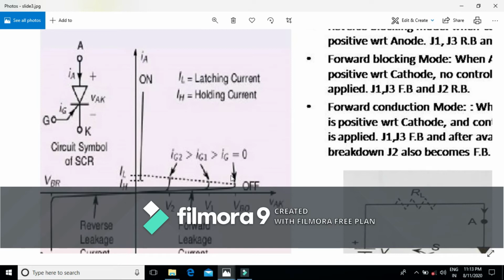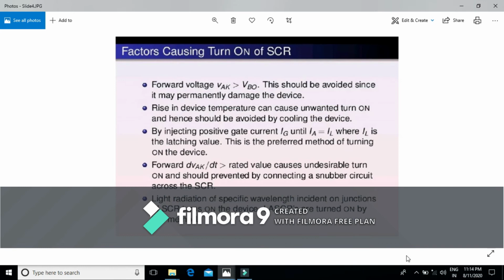That means the higher the value of gate current, the lesser will be its breakover voltage, as V2 is less than V1 is less than VBO, and quickly it will be turned on and will remain in its on state. Also, once this SCR is turned on, it remains in its on state even if the gate signal is removed.